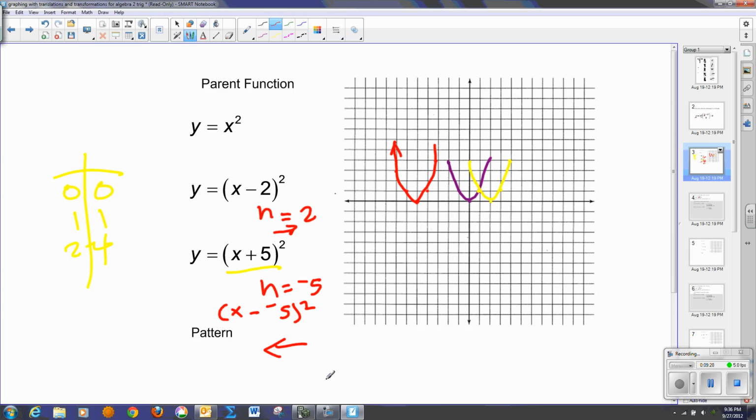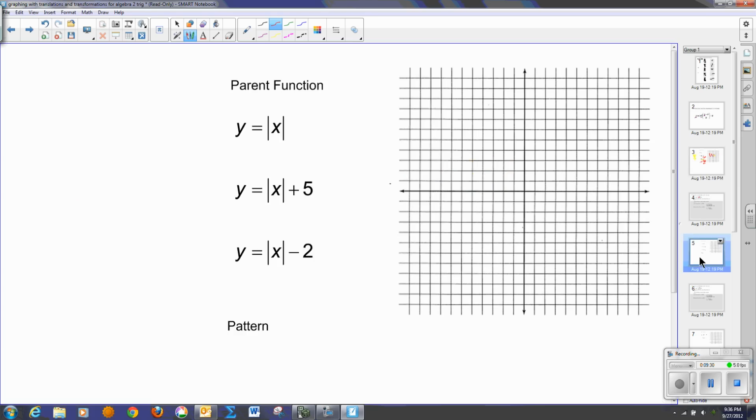All right, now let's take a look at another function. We're going to look at the absolute value of x, and we've done that before. Here's my pattern. And if I were to plug this next one into my calculator, what I'd end up with is this graph here.